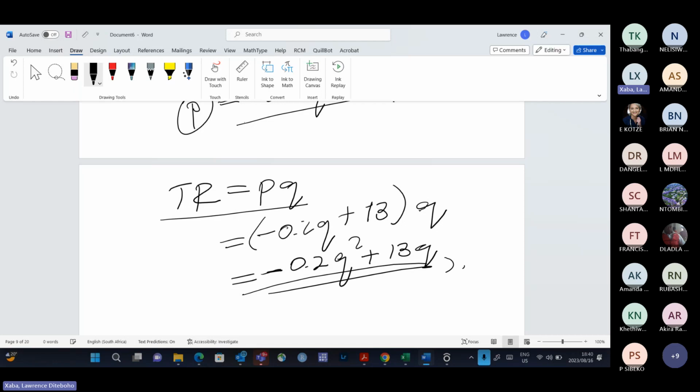So this is our equation for total revenue.